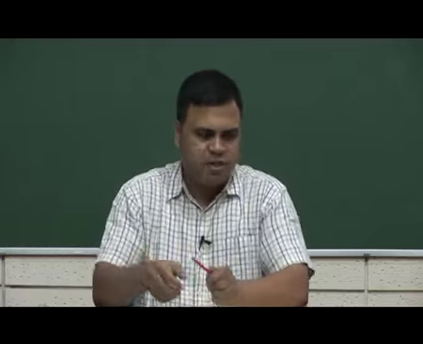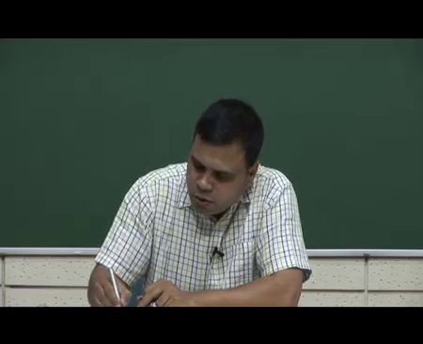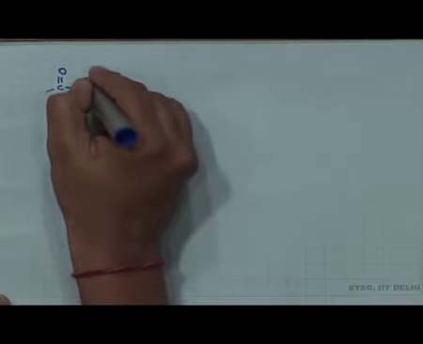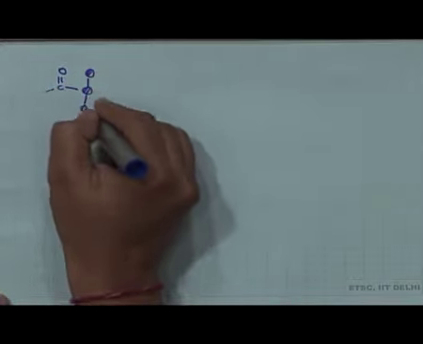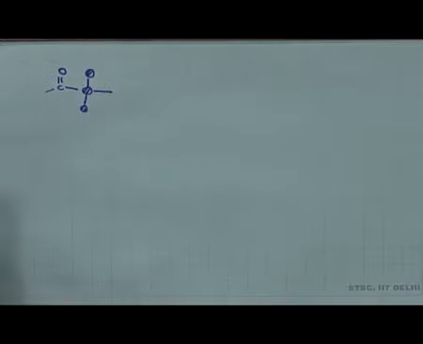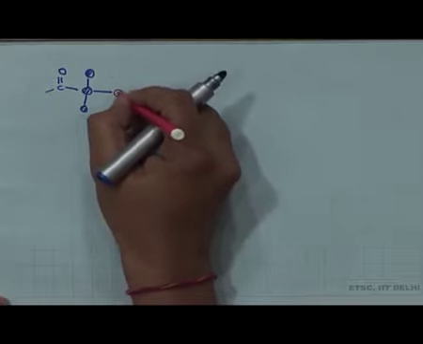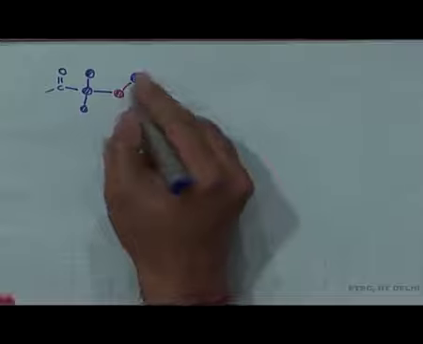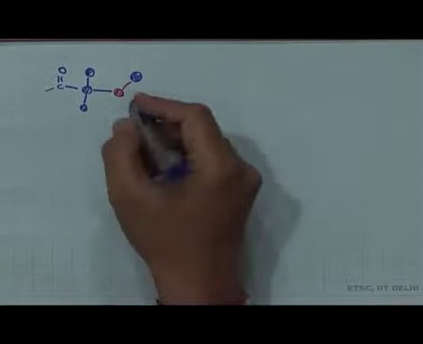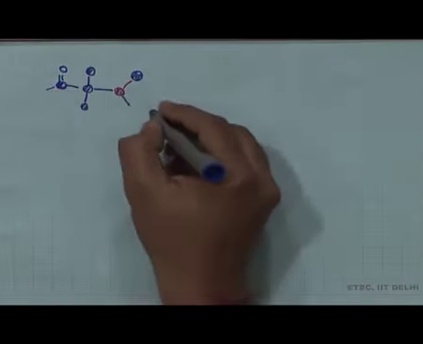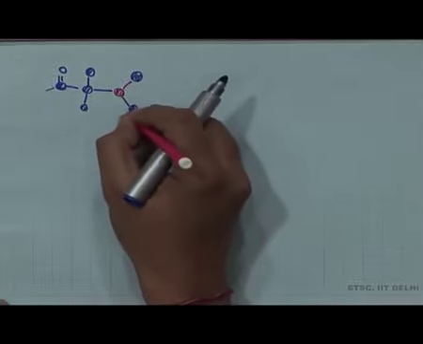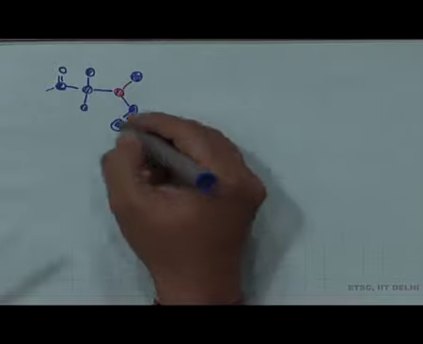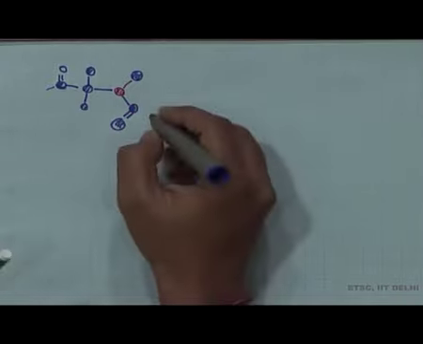To summarize all these, I will make another schematic presentation. Let me first draw the primary structure, which then leads to the secondary structure. In the primary structure I am making the polypeptide chain: NH, then a bond over here, then a carbonyl bond, then again.